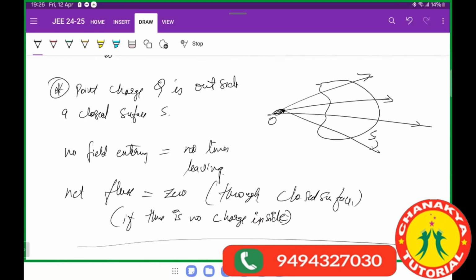In the second case, whatever field lines are entering will be the same as those exiting. Therefore, there is no net flux. If there is no net flux, that means no charge inside. Clear?